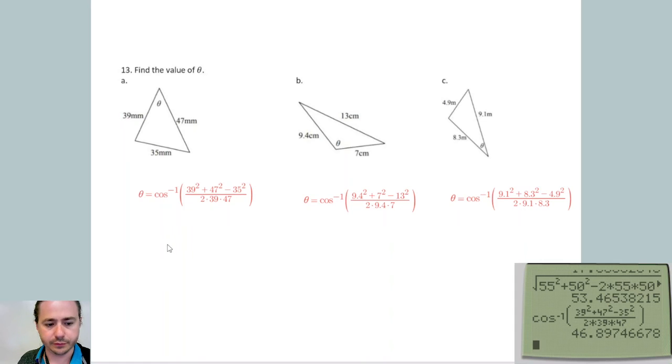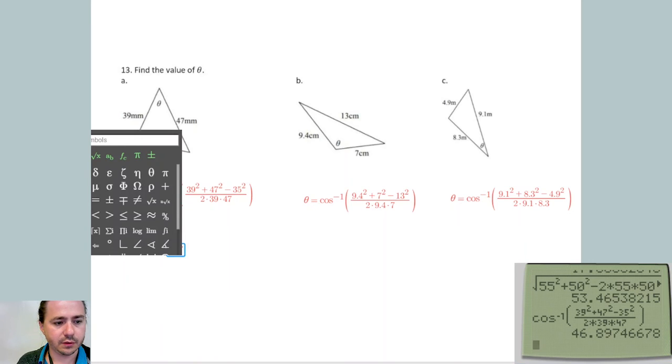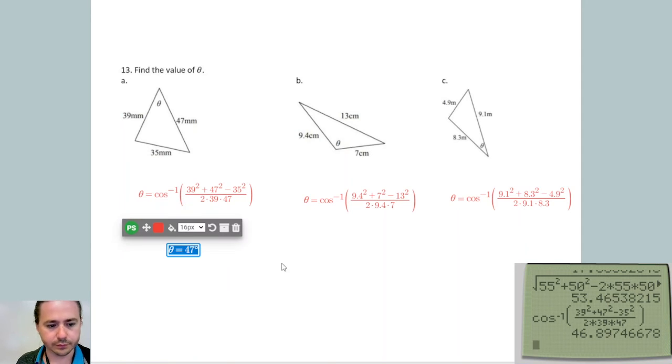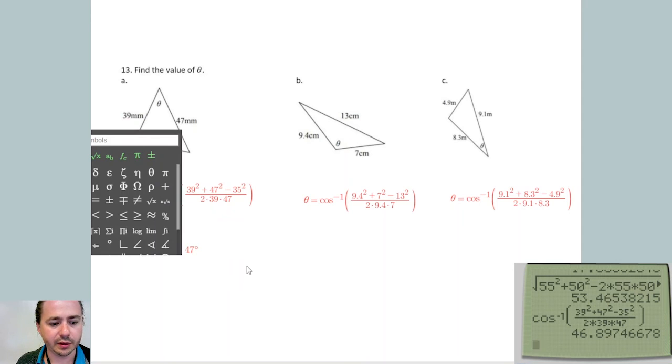Looks good. So theta equals 47 degrees. I guess it's more of an approximation, really, if we're going to be accurate about it. Okay, so yeah, there we go. Let's get out of there.